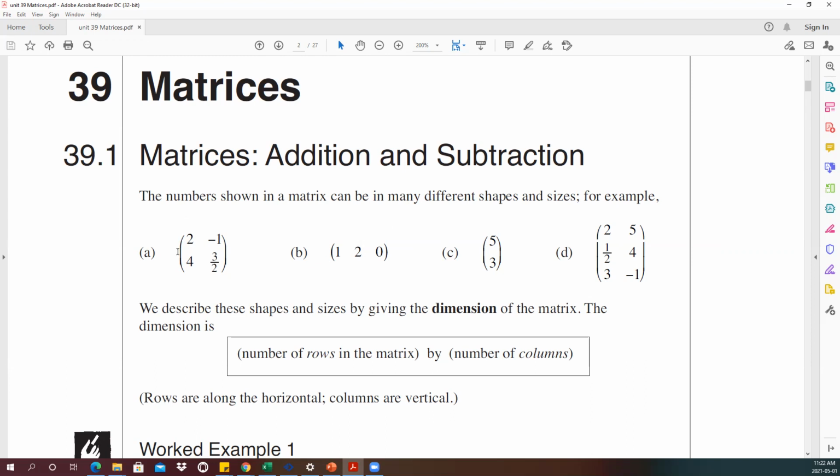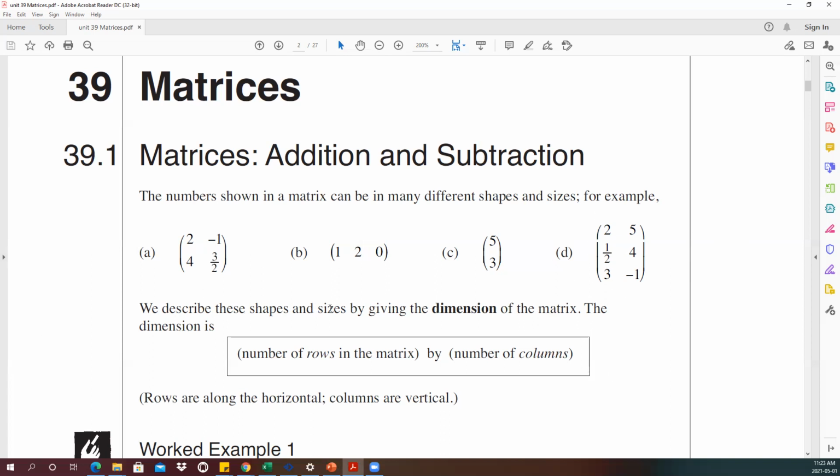This one looks like a square, this one is horizontal, and I'll give them the official names later. You have this vertical-looking one, and then this other one that has more rows of numbers than columns, right? So you have 3 rows, 2 columns.